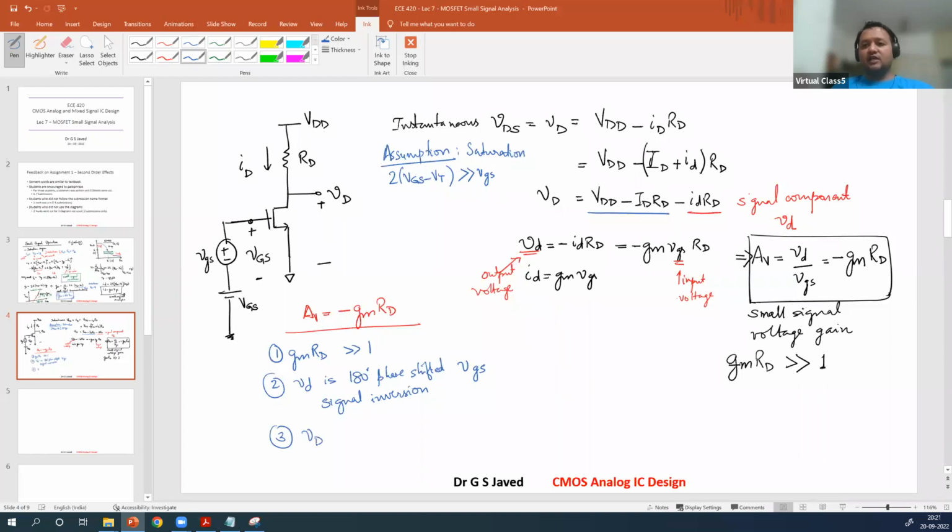That VD minimum will be greater than VG maximum minus VT. What is VD maximum? The supply voltage. So VD max will be less than or equal to the total supply voltage. So this will be the operation that we will understand.